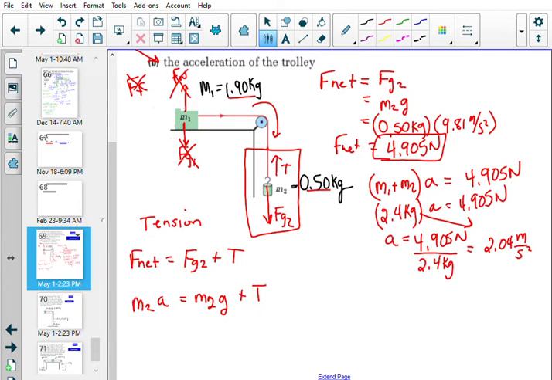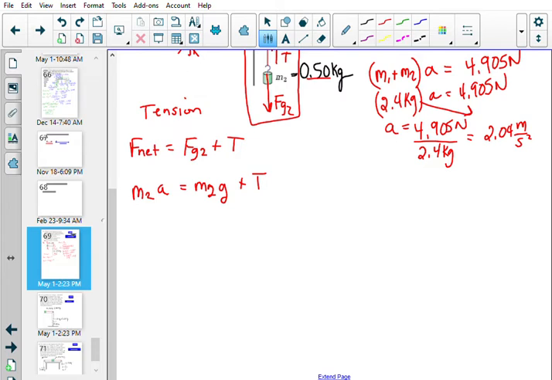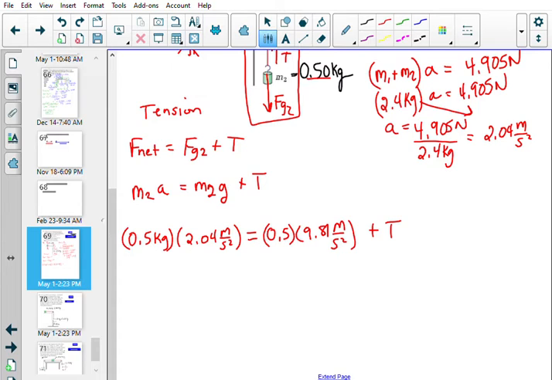Okay, so my m2 times a is just the 0.5 kilograms times the acceleration of 2.04 meters per second squared, equals the m2 times g, which is 0.5 times 9.81, which we already worked out, meters per second squared, and tension. Bring this to the other side and subtract. 0.5 times 2.04 is 1.02 newtons.